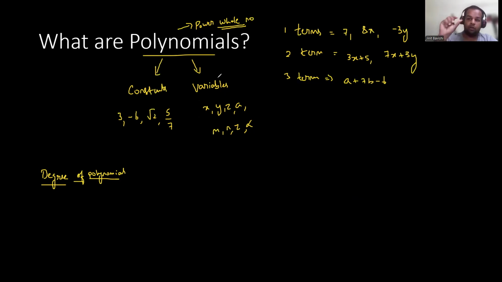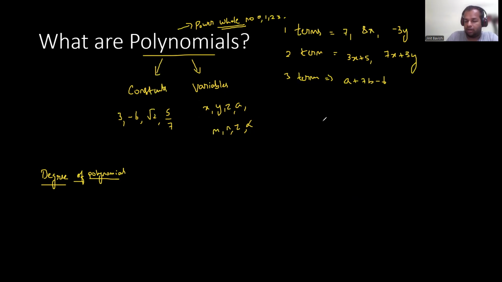It means you cannot have a polynomial with the variable having a power that is a fraction or a negative number. Whole numbers start from 0, 1, 2, 3, so the power should only be of that sort. So, degree. We'll come to that in a minute.